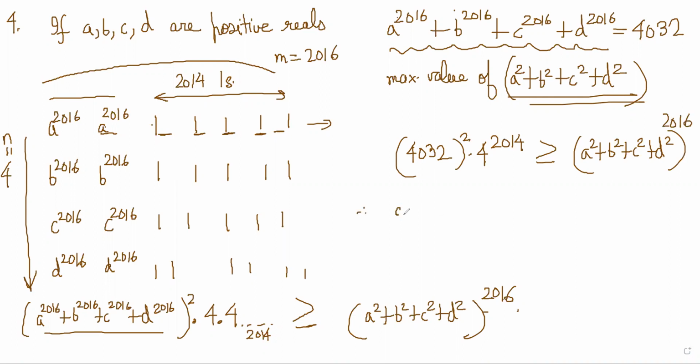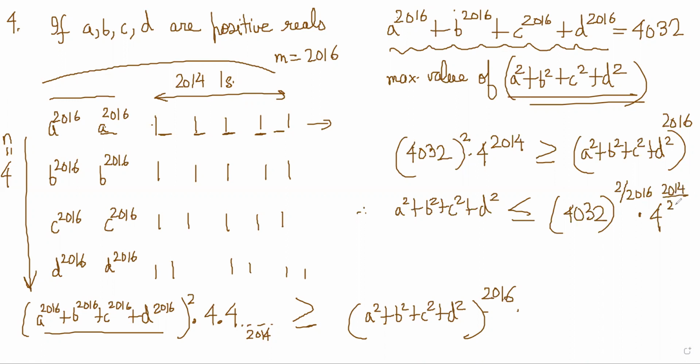So therefore, you get a square plus b square plus c square plus d square is less than equal to 4032 to the power 2 by 2016 multiplied by 4 to the power 2014 by 2016. This is the maximum value that is coming here, right? So a square plus b square plus c square plus d square is always less than equal to this thing, which is not something that you would have gotten otherwise. Only Holder's will give you this.